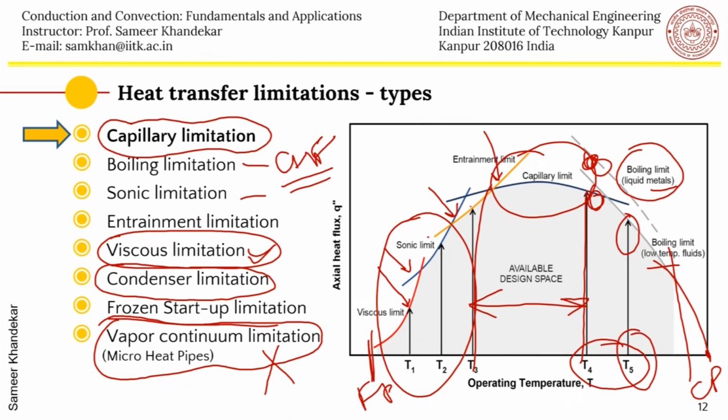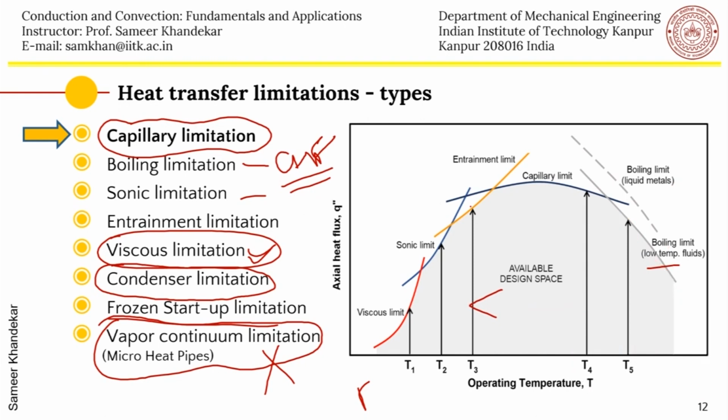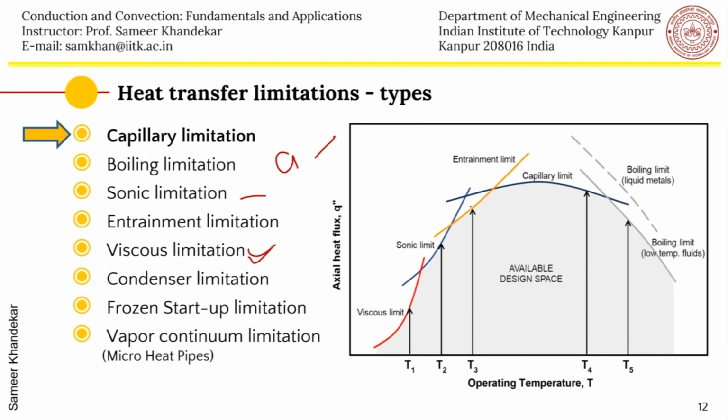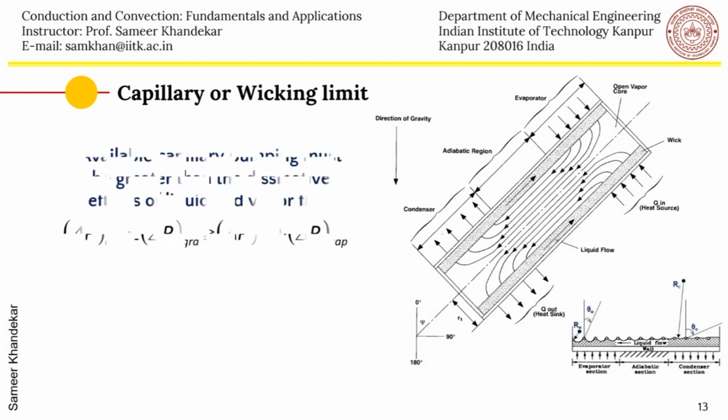So what is the capillary limitation? As we have seen, in the heat pipe the vapor has to go towards the condenser, and the liquid has to travel back. This happens because of the capillary pressure difference between the evaporator and the condenser.